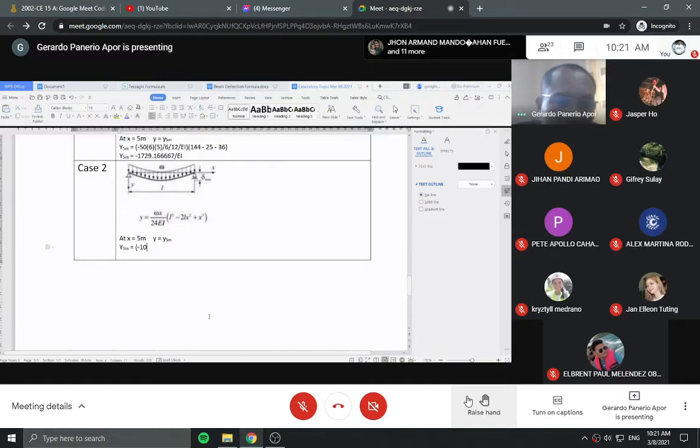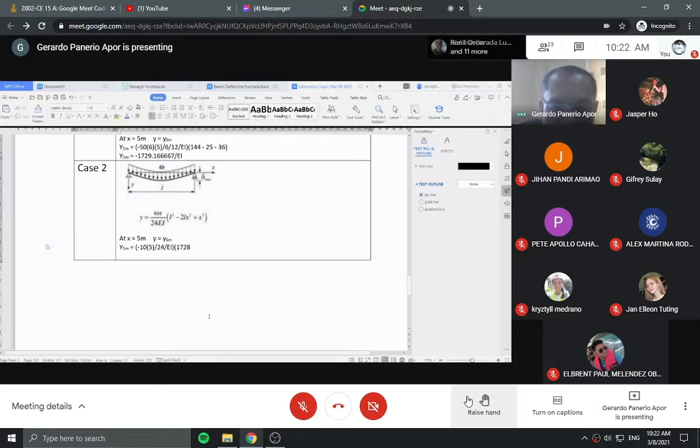Now I'm using negative 10 because the load is going down. Okay. Then you will have times 5, that's WX, then divided by 24 divided by EI. So that's the term. And inside the parentheses you will have L cube. That's L cube.